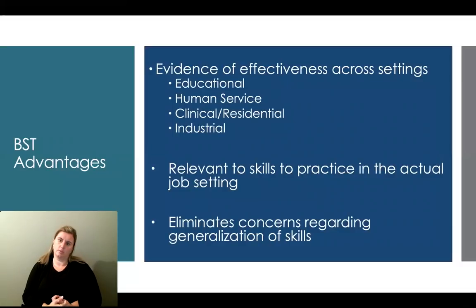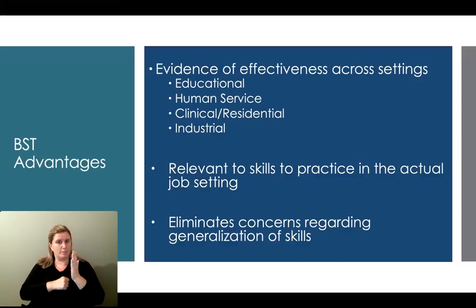So what I've attempted is to provide you with an overview of how behavioral skills training should actually be delivered. And of course, there is a wide variety of ways in which behavioral skills training has been implemented. However, there are some specific components that really need to stay in place so we ensure the effectiveness of the training procedure. Again, it is scripted.